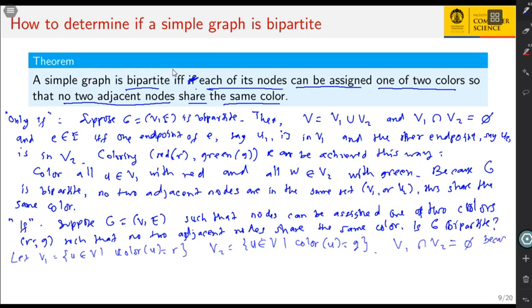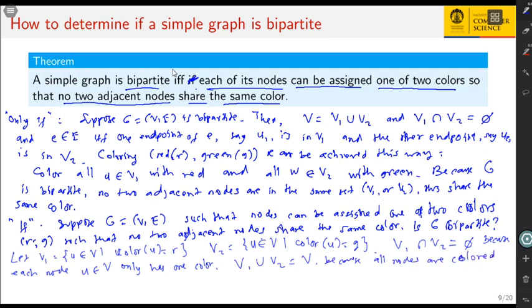Each node u in V only has one color. Moreover, obviously V1 union V2 is V, because all nodes are colored. Now what remains is to show the bipartite condition.